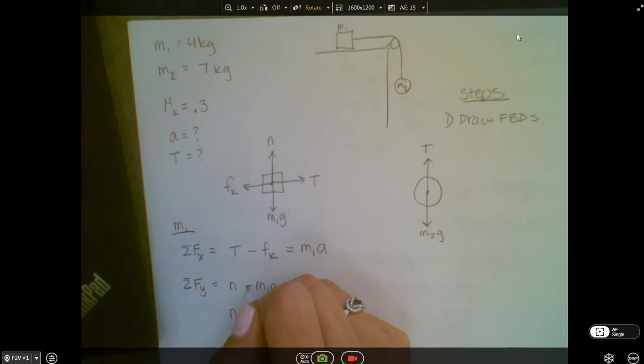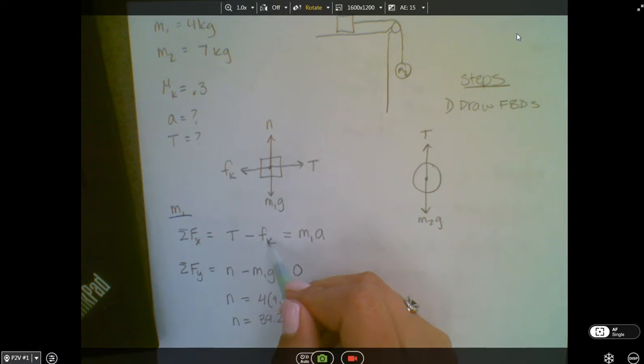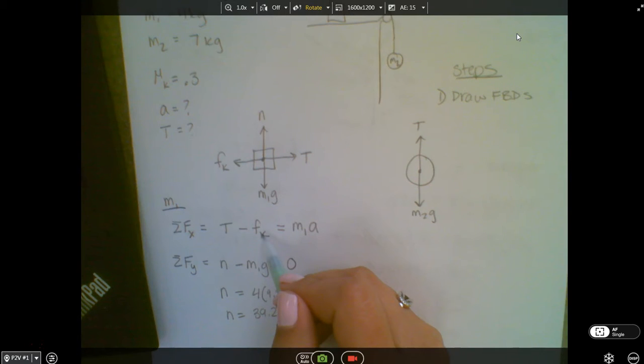I had already worked the negative sign for the g in there, so you don't need to put it in again. So N is equal to 4 times 9.8, which is 39.2 newtons. It's just nice to calculate because I know it's going to come in handy when I get to the kinetic friction.